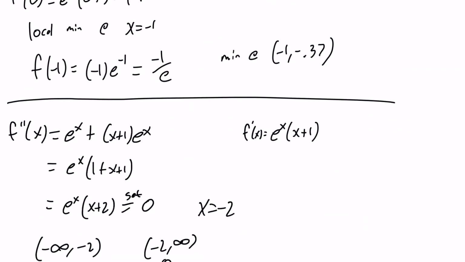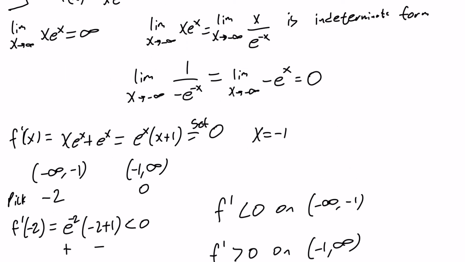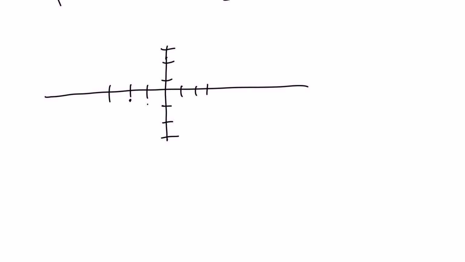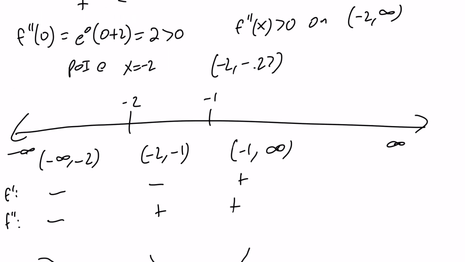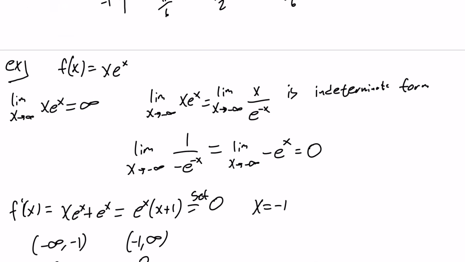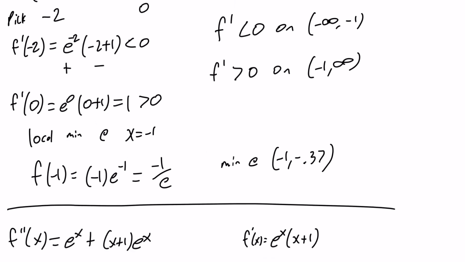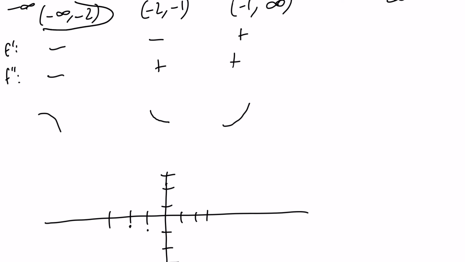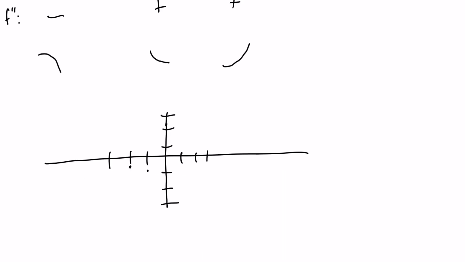We have a local minimum at -1, -0.37. Somewhere about there. That's not exactly drawn to scale. We also know that as x approaches negative infinity, we have a horizontal asymptote at 0. So that means that on this interval here, from -infinity to -2, the function looks a little something like this.